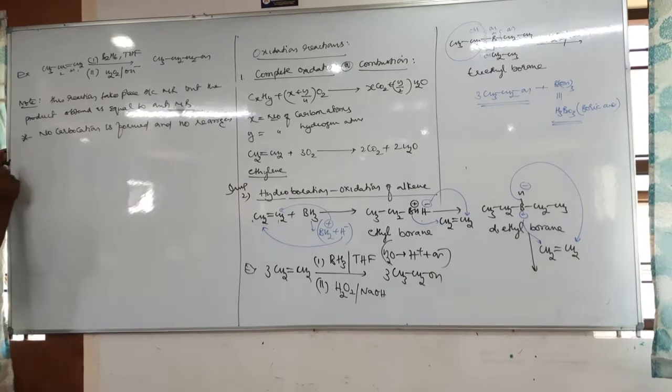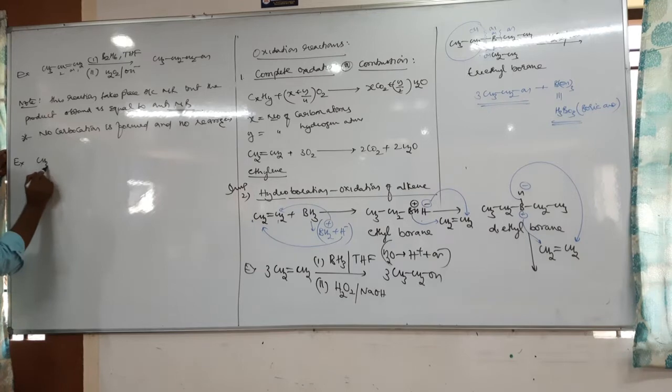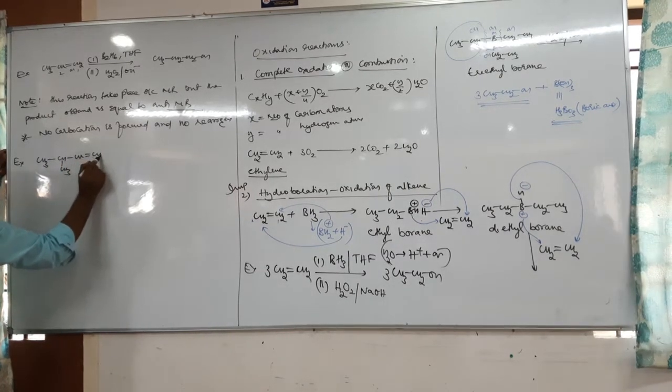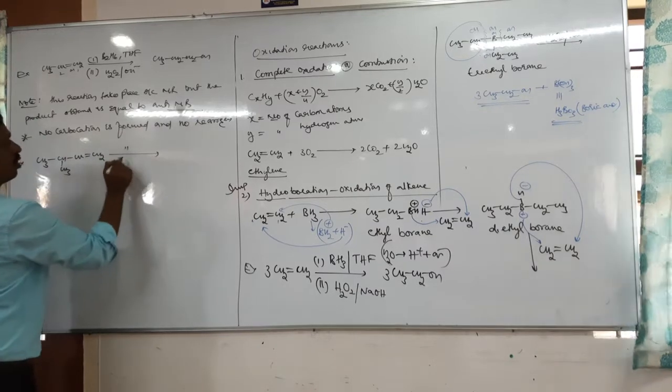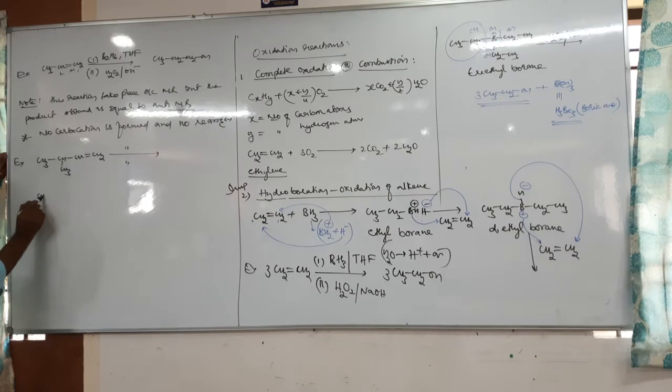So therefore now you have the clarity on how to write the product. For example, CH3, CH3, and the reagents are the same. You just write the product.